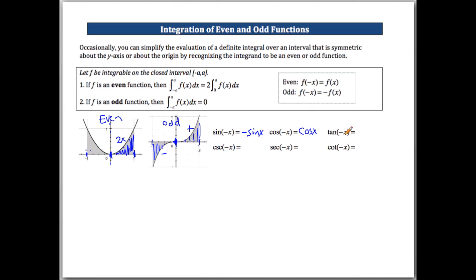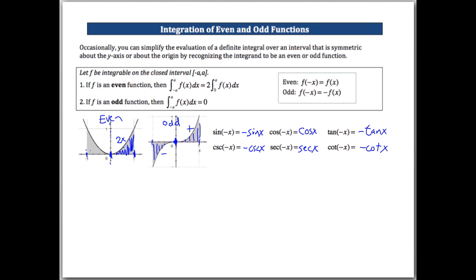Tangent of negative x is going to be negative tangent of x. Cosecant of negative x, you're going to get negative cosecant x. Secant of negative x is going to give you secant x. And cotangent of negative x is going to give you negative cotangent x.